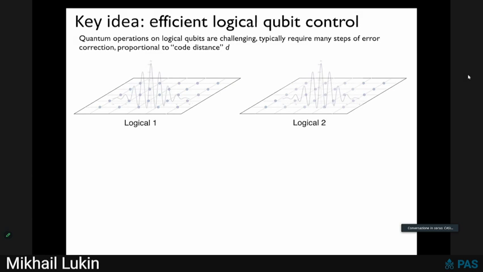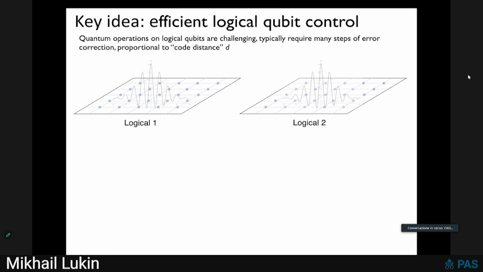And to understand its importance, let's just consider a simple element of this logical operation, just two logical qubits which are encoded, for example, in something like surface code, something which already was mentioned. So usually to make a gate between them, you have to somehow move information from one logical qubit over to another, doing some kind of braiding or swapping if you want.